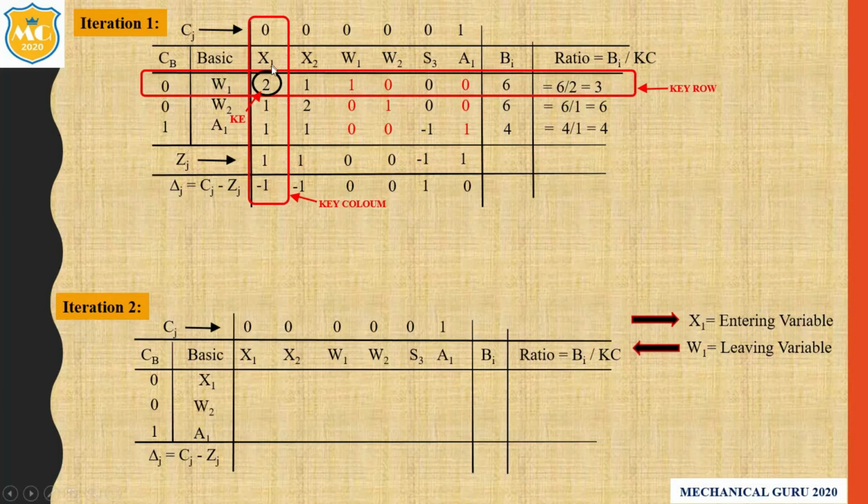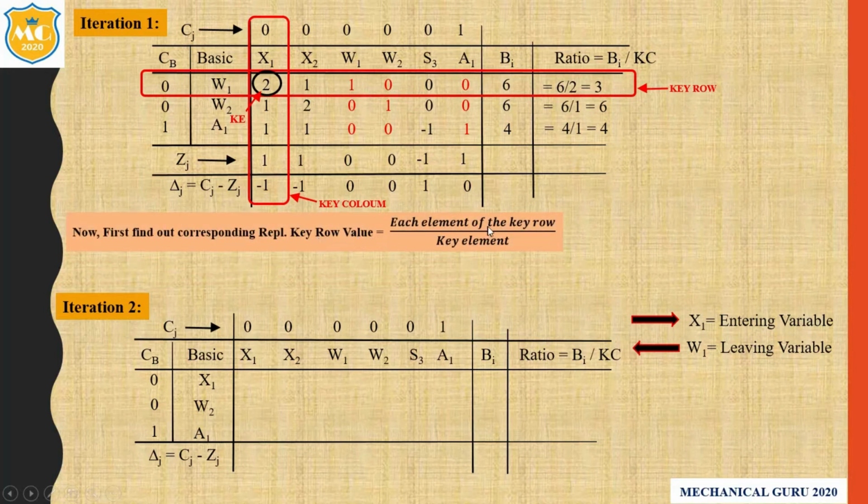Next, we have to replace this key row value. In that we have to use this equation: each element of the key row divided by key element, means simple, just divided by key element. Okay, so 2 divided by 2, 1 divided by 2, 1 divided by 2, 0 divided by 2, similarly other values.